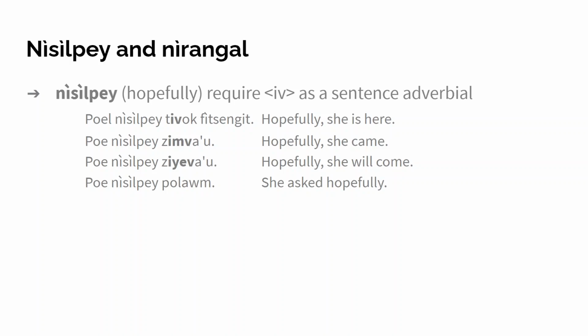She asked hopefully. If we now wanted to say, hopefully she asked, so not that she asked in a hopeful way, but that I, as the speaker, say, yeah, hopefully she asked, then I would change the sentence to, Poe Nisilpey pilvaum, because then I need the if infix. And, like we learned before, we cannot have the if infix together with the ol infix in a verb, because only one position, one infix per verb, so we then would use the combined infix if, which we'll see in a second.